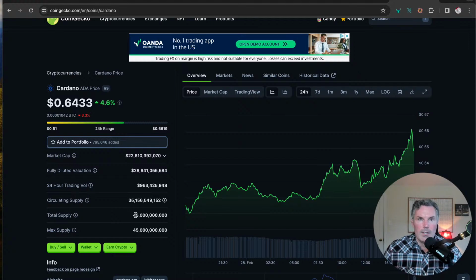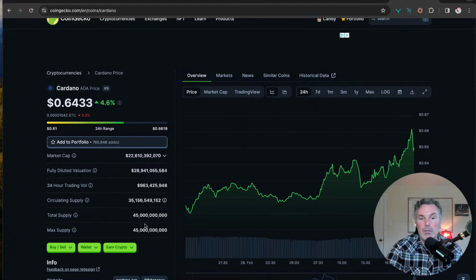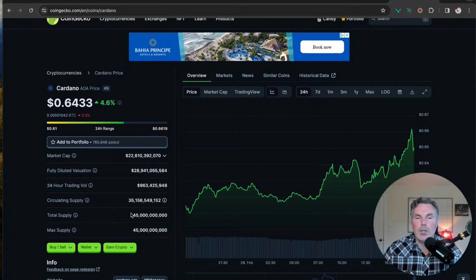There is a little bit of inflation to the circulating supply every year because more are being minted and released out into the community until the fixed supply is reached, of which there will be no more ever introduced into the market. And so that stock to flow ratio is something to pay attention to as well when you're looking at this stuff.